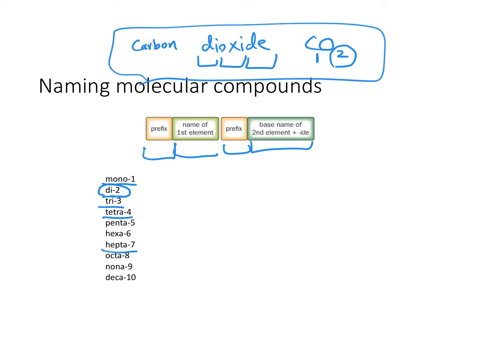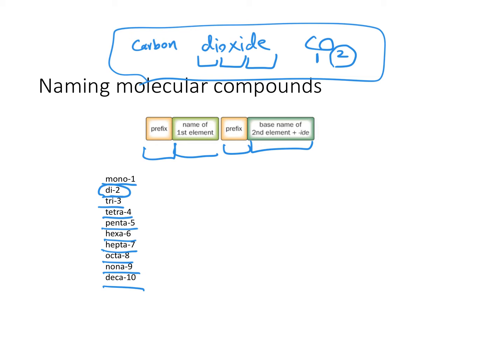And tetra is 4, penta is 5, hexa, hepta, octa, nona, deca. For each of these prefixes, you have examples in daily life that can help you memorize them. But overall, you should solve more problems and practice so you remember these well. Any questions so far?